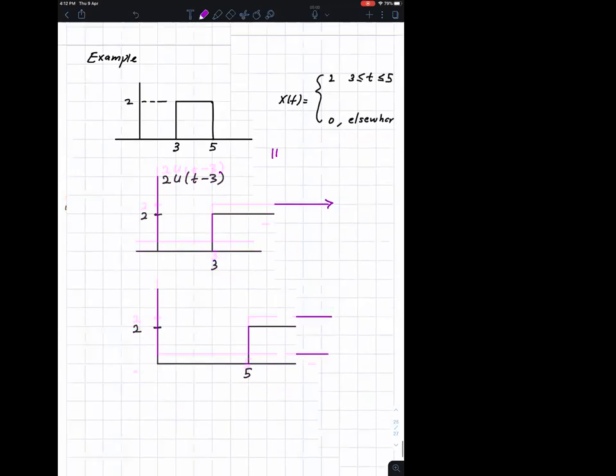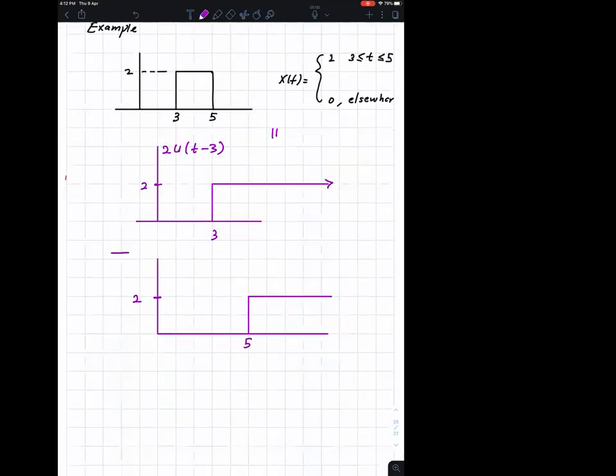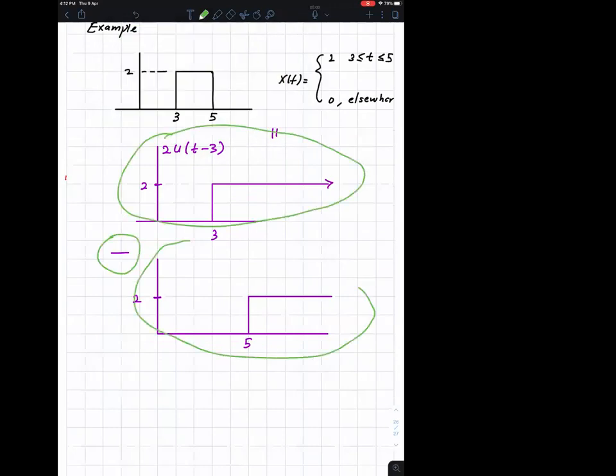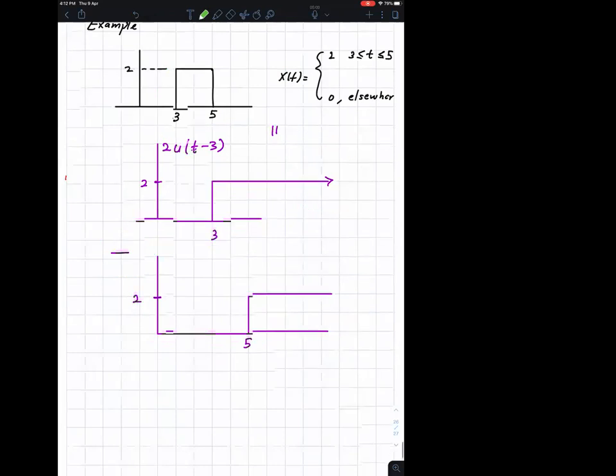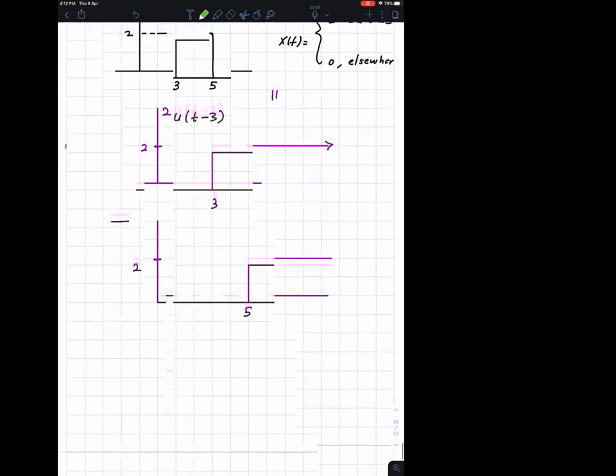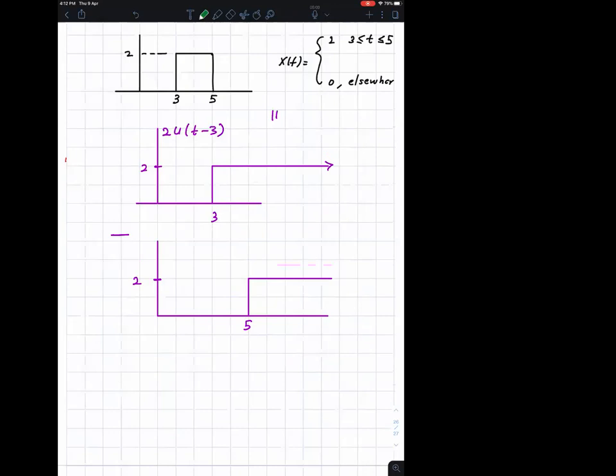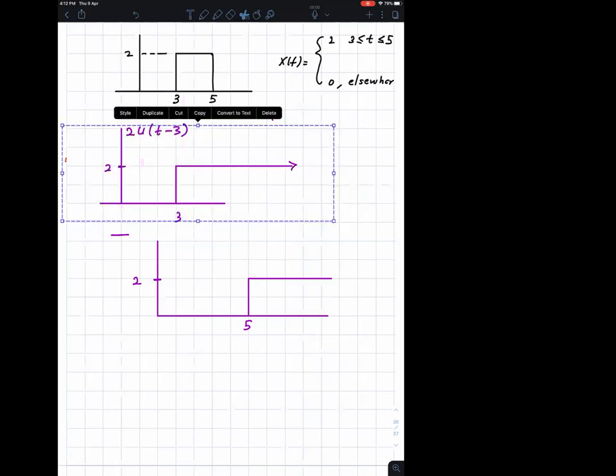So if you subtract this minus this, it will give you this. Let me align this properly here so that you will see this cap.